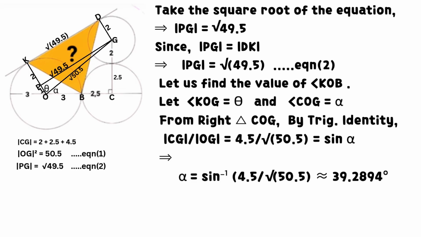This implies that theta equals sine inverse of 4.5 divided by the square root of 50.5, which approximately equals 39.2894 degrees.